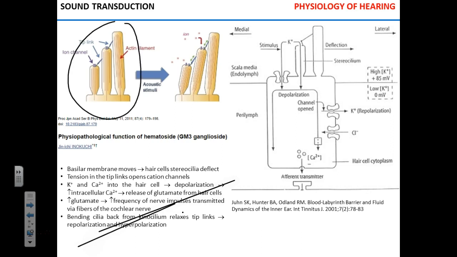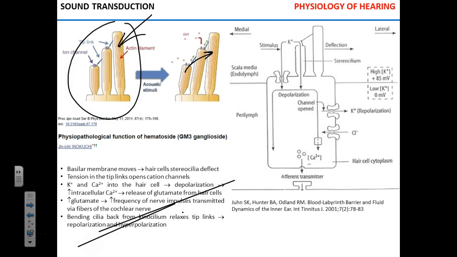Here's what happens. These are stereocilia and kinocilia. As the basilar membrane moves, stereocilia deflect. They move towards the kinocilium.